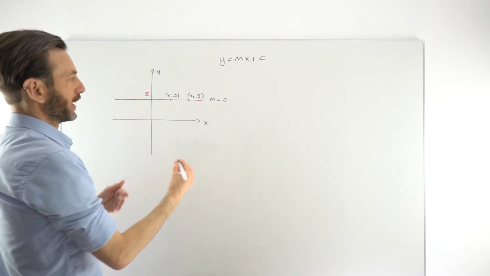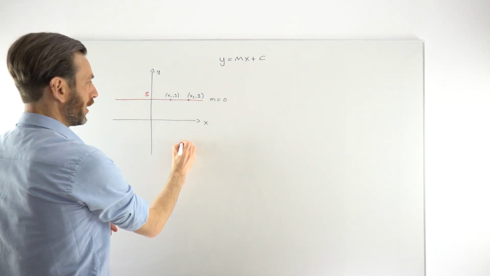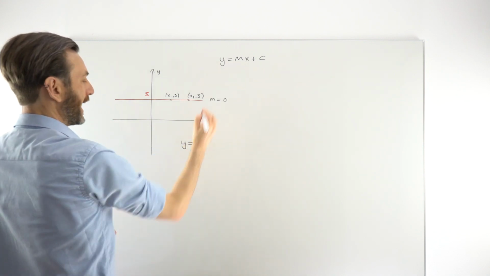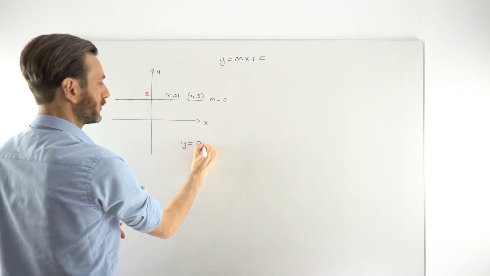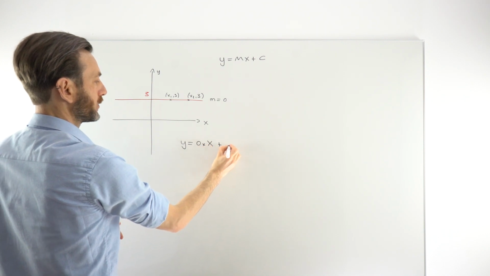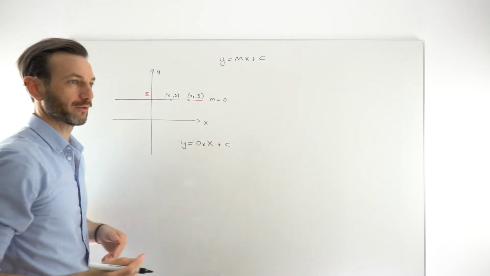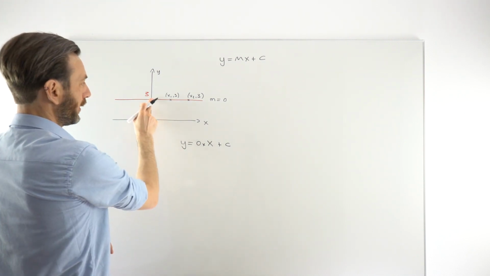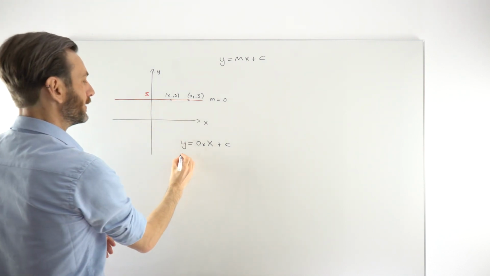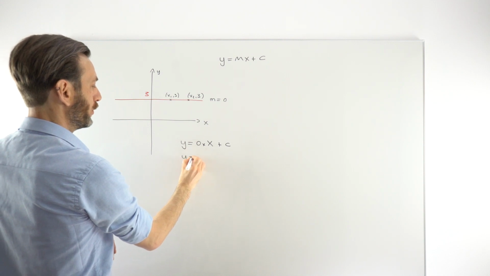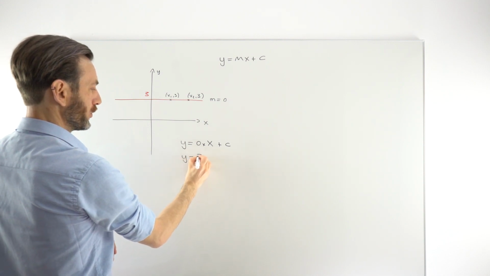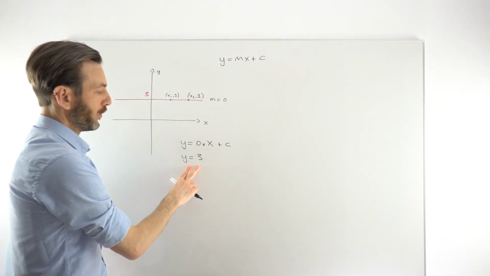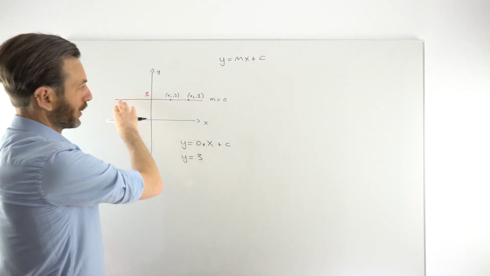To formalize this, our line is going to have the equation y equals 0 times x plus c. 0 times x is just 0, because 0 times anything is 0. The c value, the y-intercept, is 3. So we just end up getting y equals 0 plus 3, which is 3. So it's a different format of straight line equation for a horizontal line.